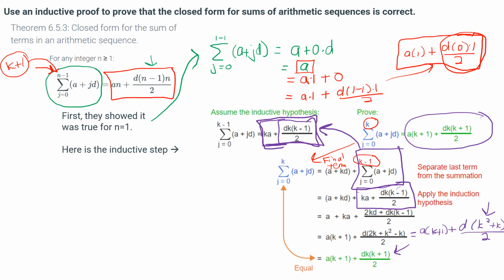But aside from that, you need to understand what the inductive step is, what the inductive hypothesis is, and then be able to follow along to see that yes, indeed, if we've made this certain assumption and proven it's true, then also for n equals k plus 1, we can say by induction it's been proven. So this is the proof for this closed form for the sum of terms in an arithmetic sequence.